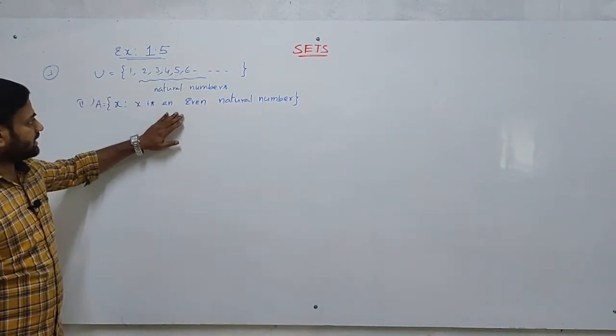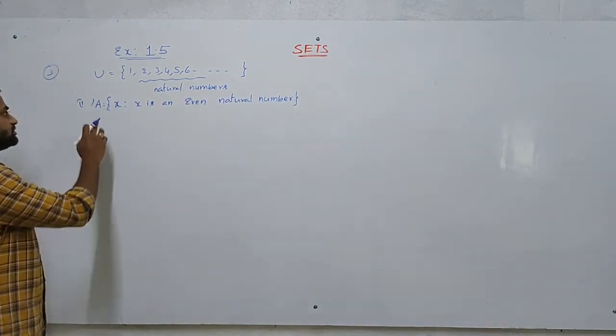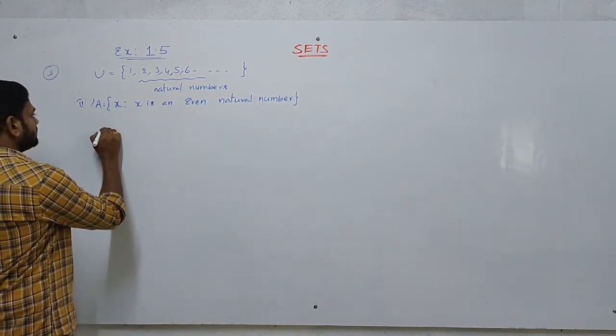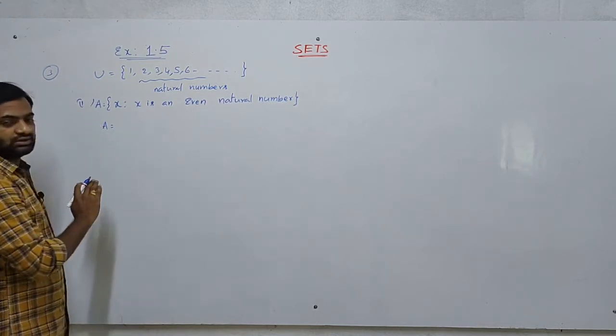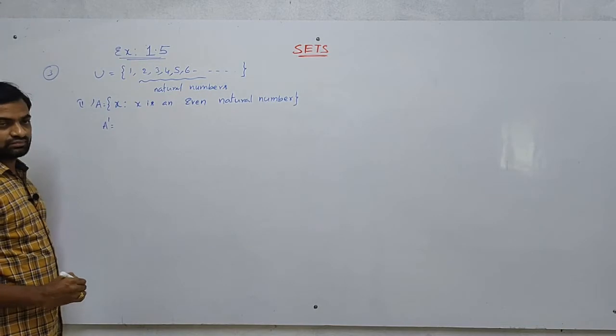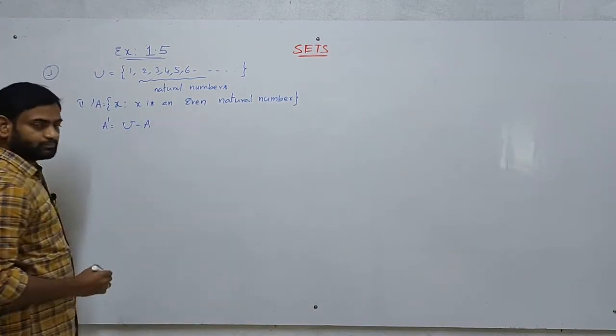X is an even natural number. Now, for this one, we have to find complement. See here, capital A. For this one, what is the complement of A? That is A dash. A dash is U minus A.